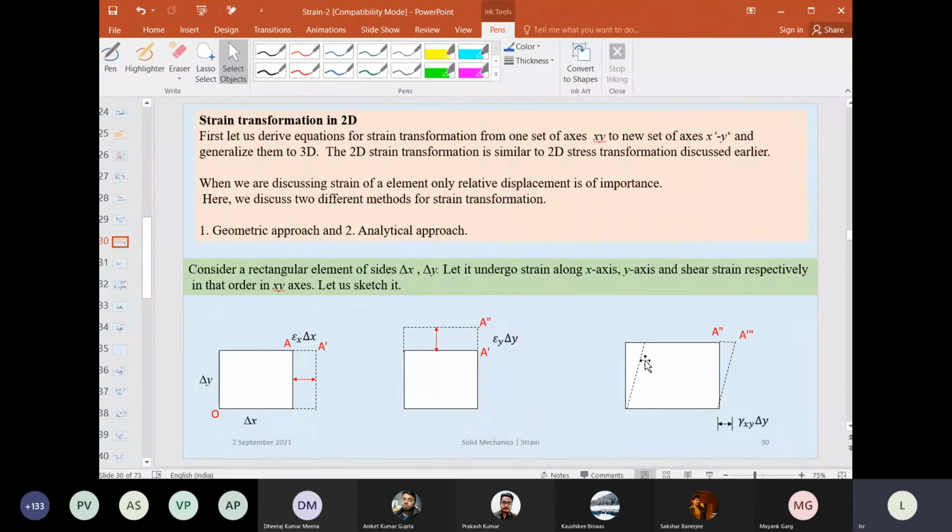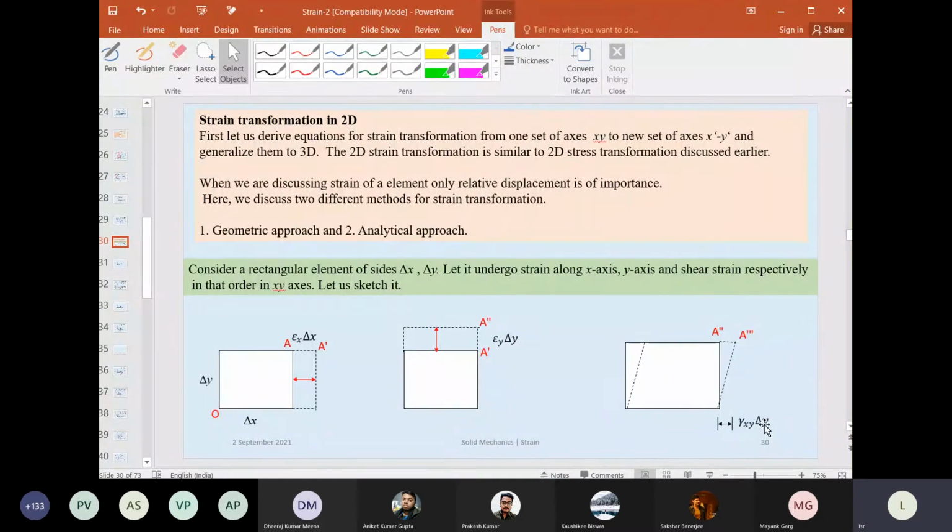For geometric simplification, I am writing it as gamma xy into delta y. This length A double dash to A triple dash is gamma xy into delta y.